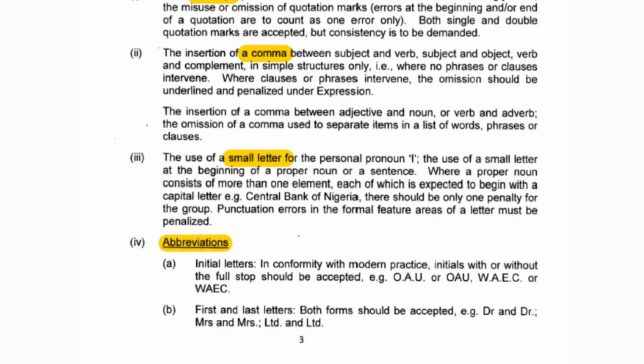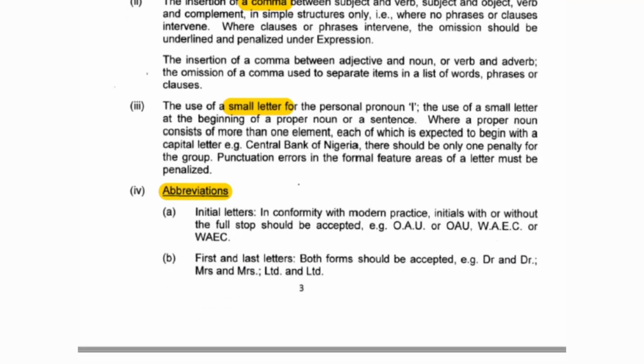There is a leverage that is being given in the modality of writing abbreviations, that whether you use the full stop after each alphabet or you are consistent with just using only the capital letters, then you can be scored and marked appropriately. The same thing with the first and last letters, which can feature something like Dr and Dr. with a full stop, Ltd and Ltd. with a full stop, and so on.